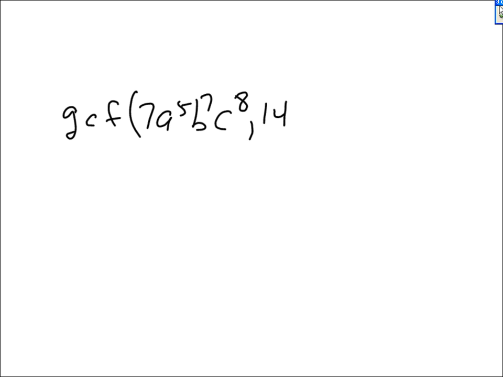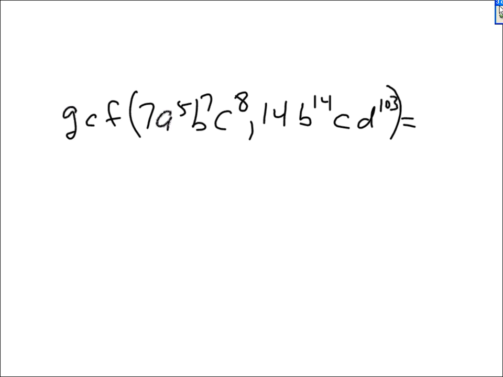Okay, so now, what if I ask you this problem? Find the GCF of 7a to the 5th, b to the 7, c to the 8, and 14, b to the 14, c, d to the 103.